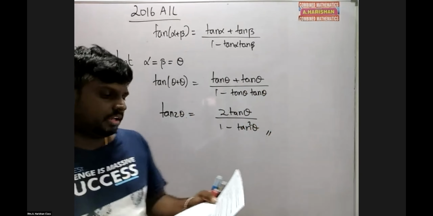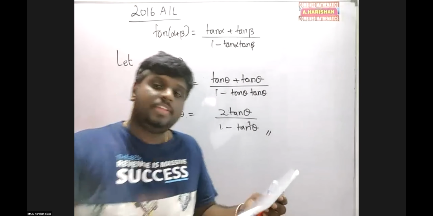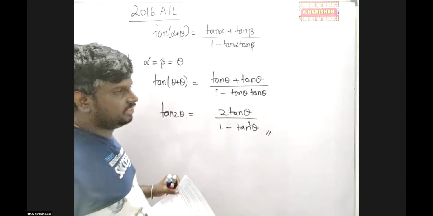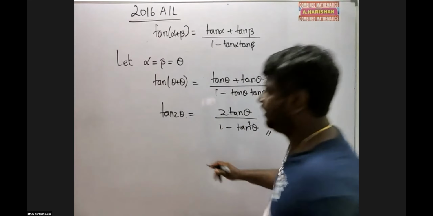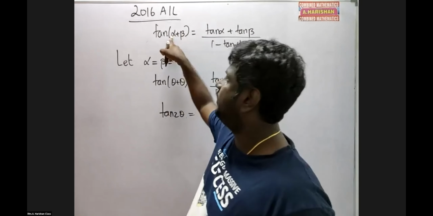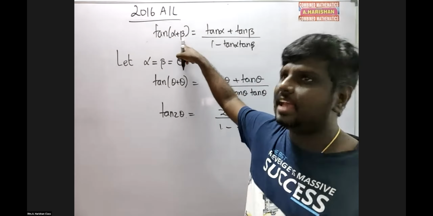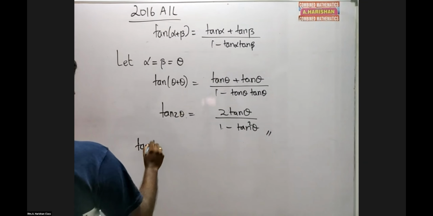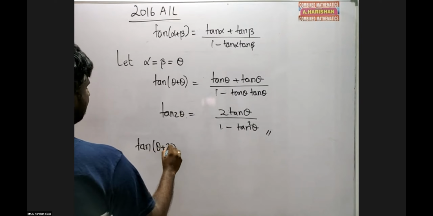Okay, right. And show that tan 3 theta. So now it's a tan 3 theta. They talk about tan 3 theta. So now we know the tan 2 theta, so you can use the same thing. You can take alpha as theta, beta as 2 theta. So tan theta plus 2 theta.